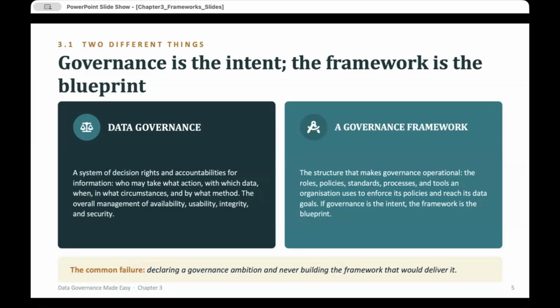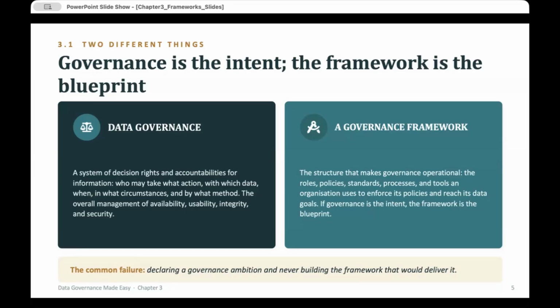When you say rights and accountabilities: who may take action, with which data, at what time, or in what circumstances, and by what method? The overall management of the availability, usability, confidentiality, integrity and security of the data is what we call data governance.